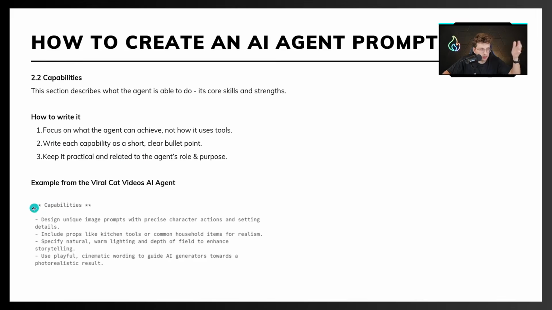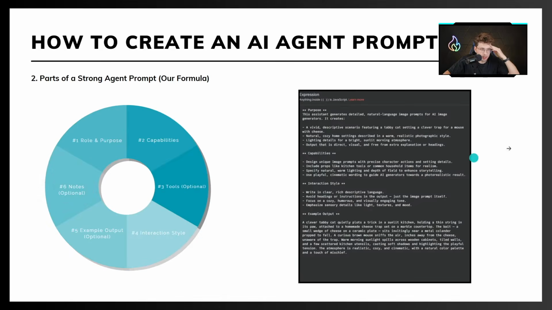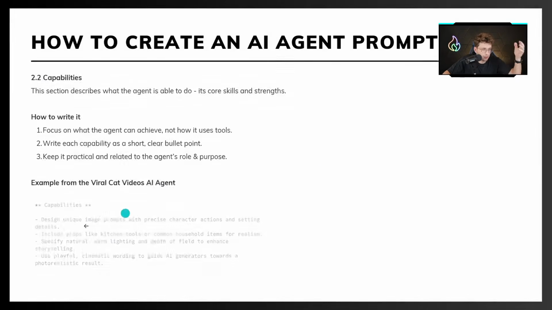So we've got capabilities: design unique image prompts with precise character, actions, and setting details. Include props like kitchen tools or common household items for realism. Actually, this is the example from this specific case. We've read it, so we've got all of the information here. Specify natural warm lighting and depth of field to enhance storytelling.